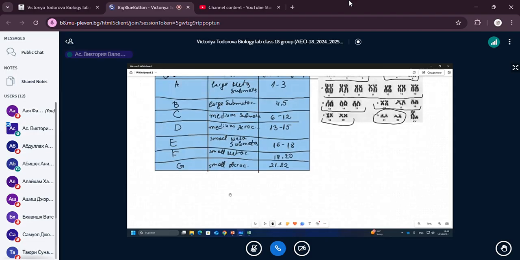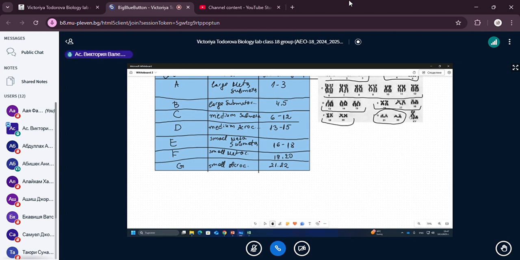So if we have to add them, they look like the other chromosomes. One of them, if here the example is with a male individual, male person.